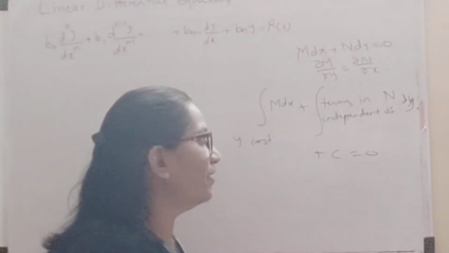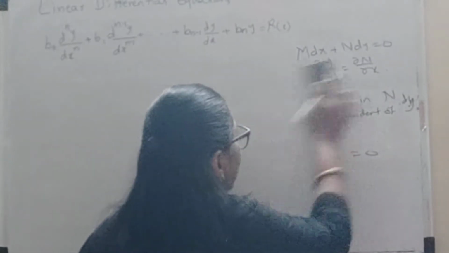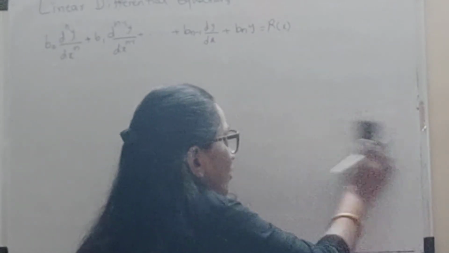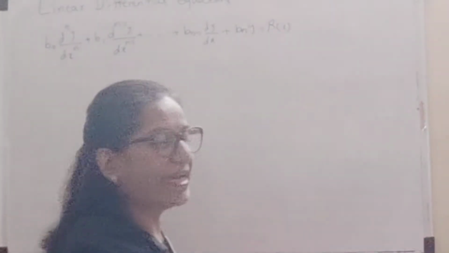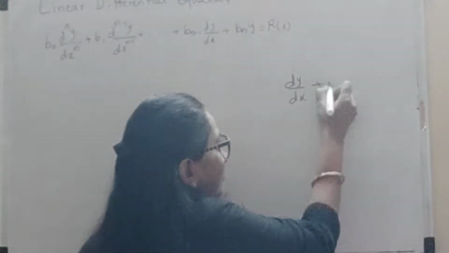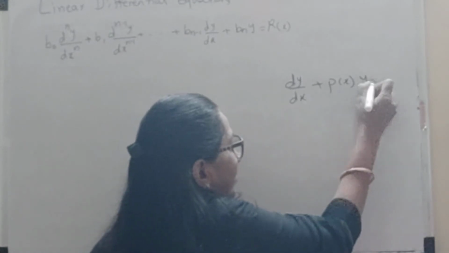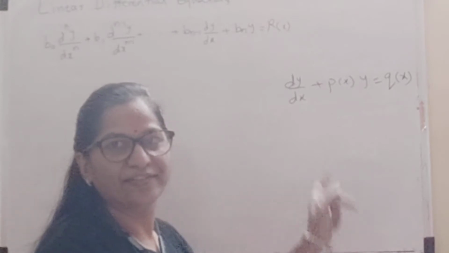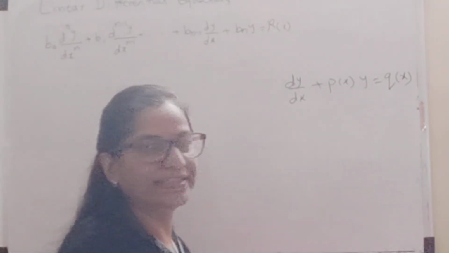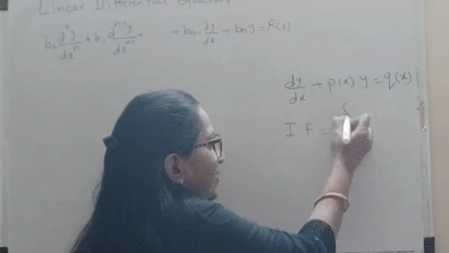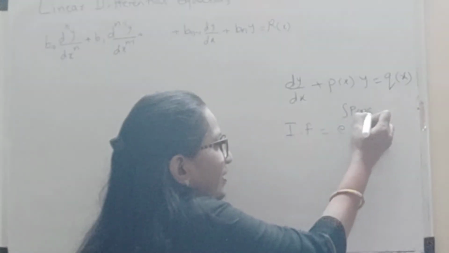Also, one more special kind of differential equation is the linear differential equation of first order and first degree. It has a standard form, that is dy by dx plus p of x into y is equal to q of x. If the differential equation is of this type, then directly its integrating factor, which we may write in short as IF, is equal to e raised to integration p of x dx.